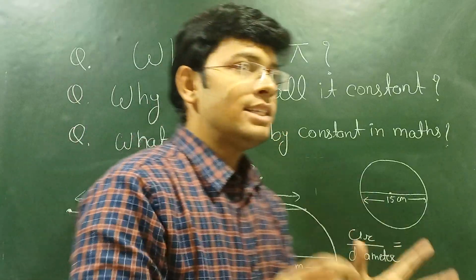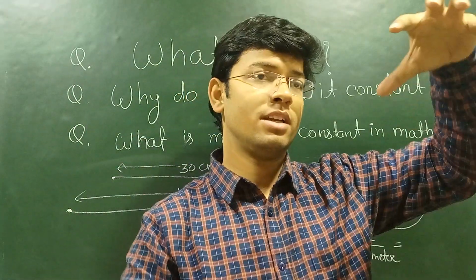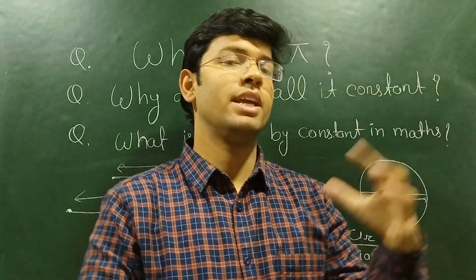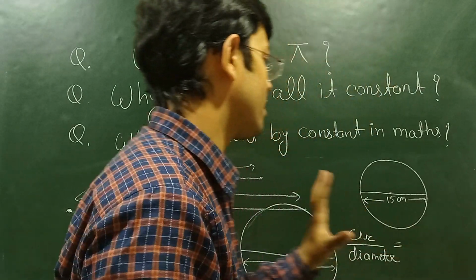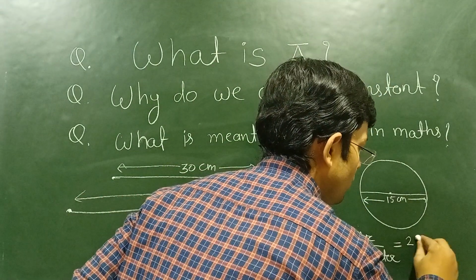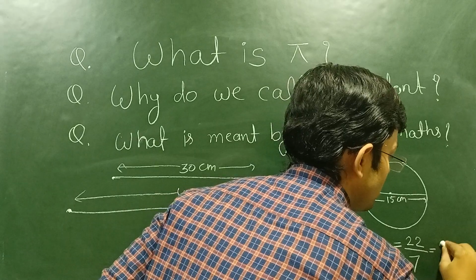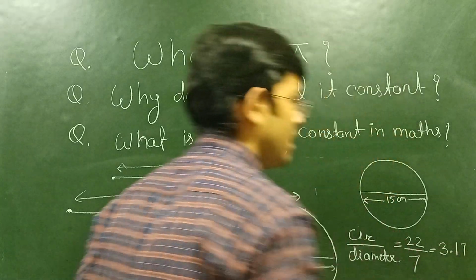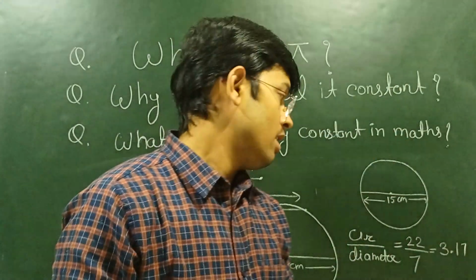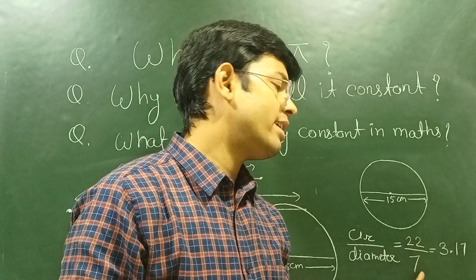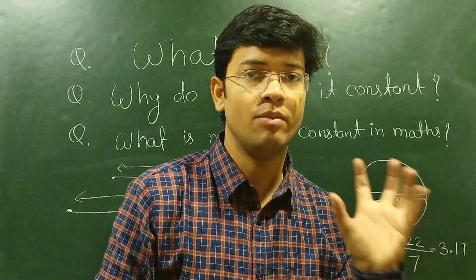The scientists found that when we divide circumference by diameter, we get the same number, which is 22/7, and this is also written as 3.14. So 22 divided by 7 is the constant value.